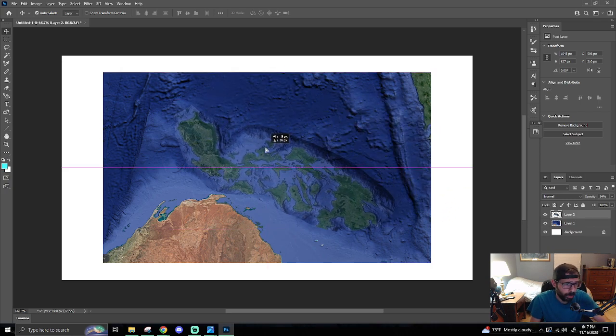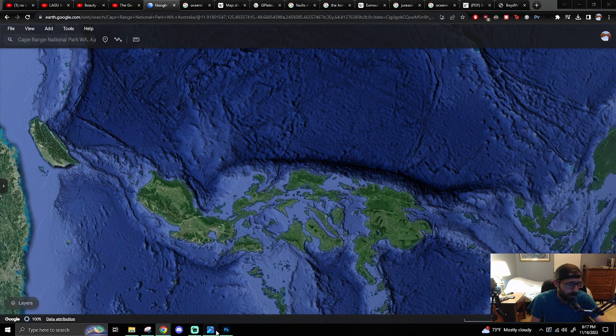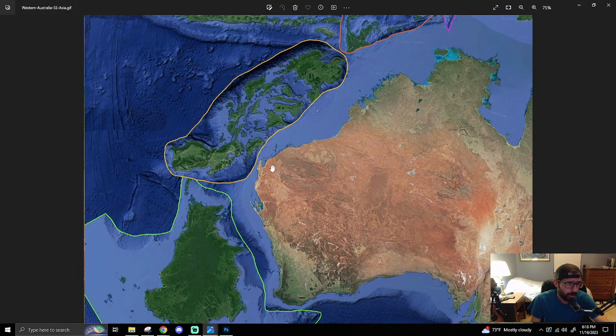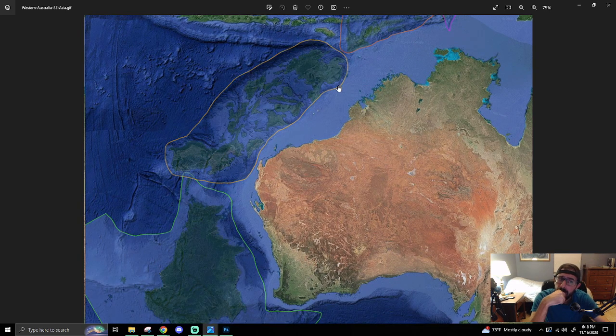I'm really confused why it's not fitting the same as this. Did I cut some off? I don't think I changed the size.